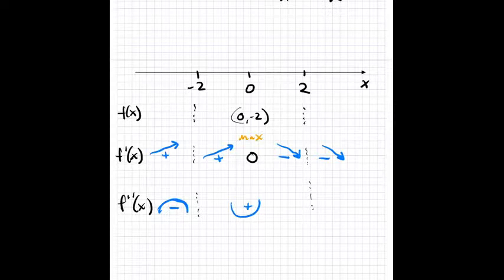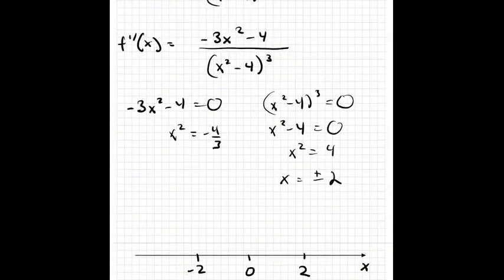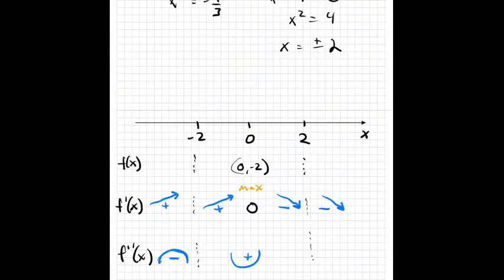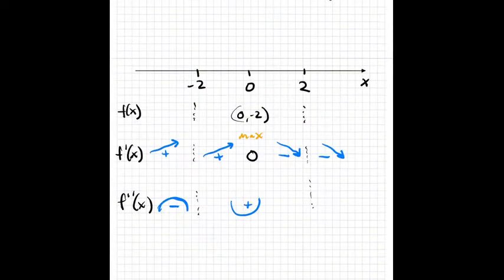Let me check it again. So if we plug in 0, we got a negative here, and this thing is negative. So double negative is positive. Maybe my second derivative isn't right.